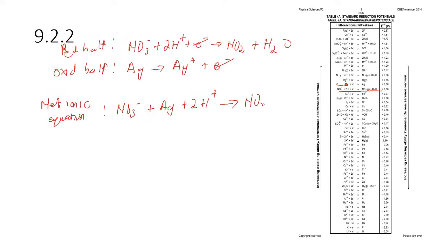NO2 plus H2O plus Ag plus, right? Okay, and that's your net ionic equation, as simple as that. So this is all about canceling the electrons out.